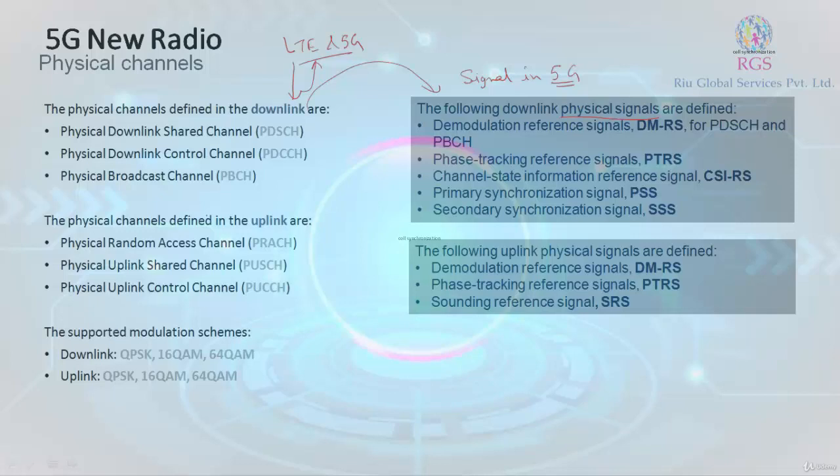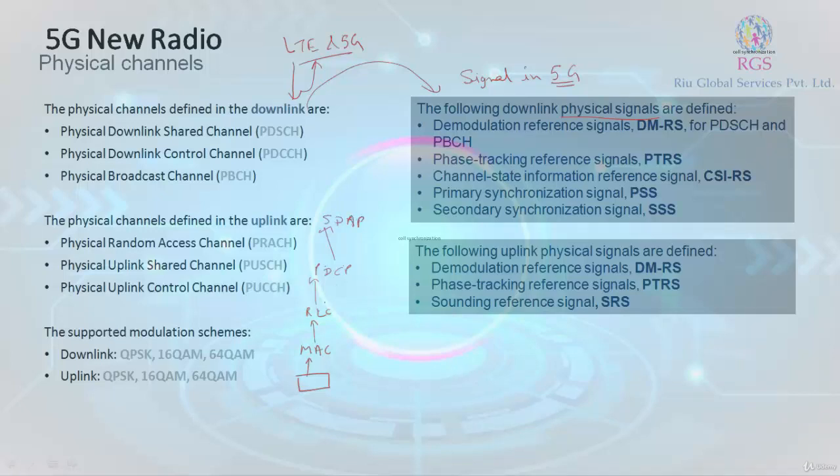A channel is something which has some relationship with the higher layers. So these are physical channels. They will be connected with the MAC layer, which is further connected to the RLC, which is further connected to the PDCP, which is further connected to SDAP, etc.